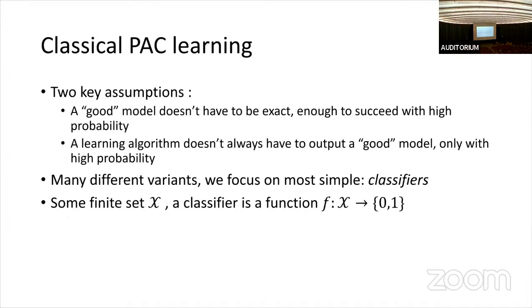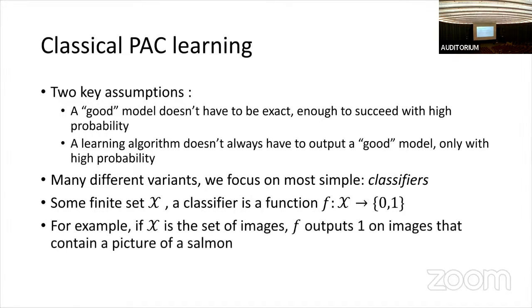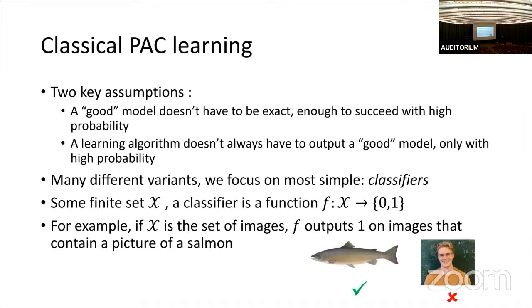Sometimes it's also thought of as a subset, where you think of the pre-image of the number 1 as being some subset which is marked as yes. So for example, you might have X be the set of images, and f might output 1 on pictures of salmons and 0 on other pictures. So this would be a 1, and this would be a 0.